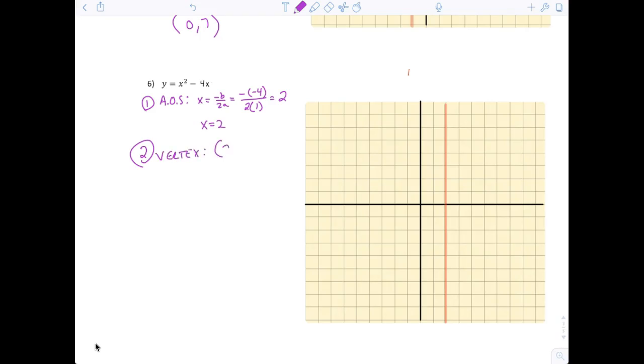So your vertex is going to be 2 comma something. Now you got to plug 2 in. Y equals 2 squared minus 4 times 2. 4 minus 8, which is what? 2 comma negative 4.